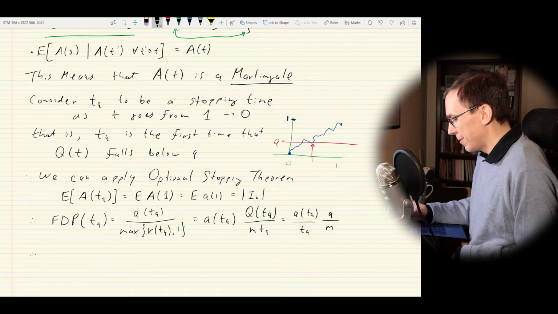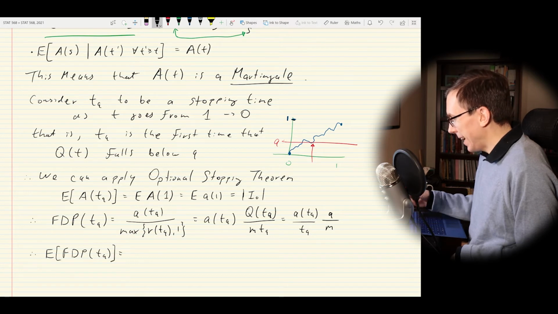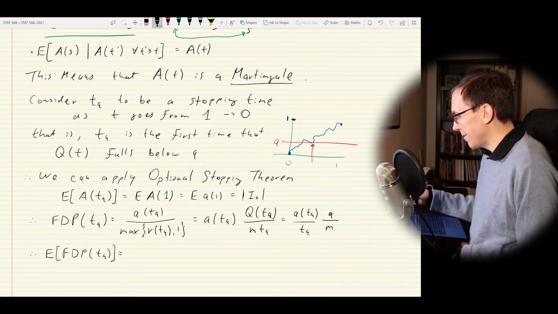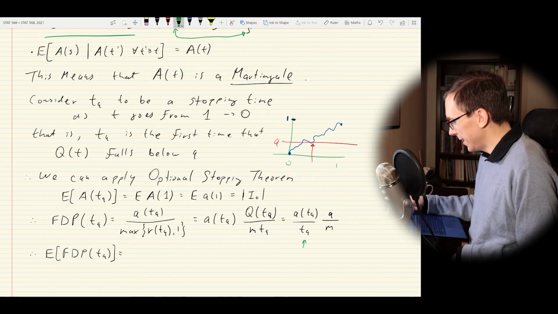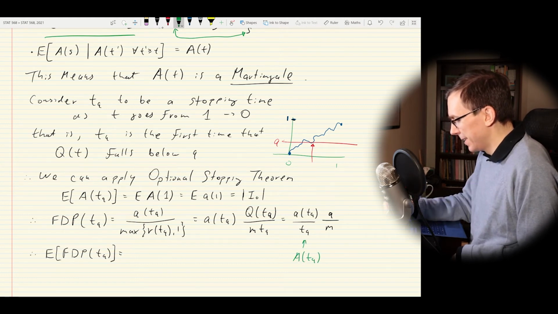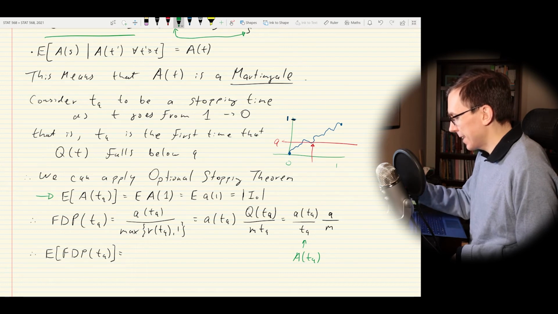All right, and then lastly, if we take the expected value of the false discovery proportion at the stopping time t_q, what's the expected value? Remember, this thing here is just A at t_q, and what we said on this line is that its expected value is just I naught.